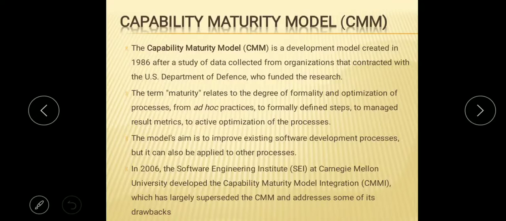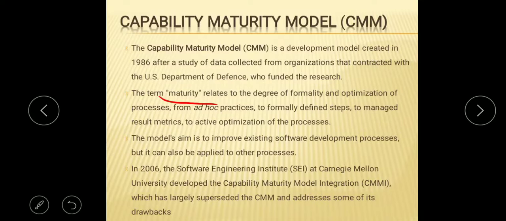The term maturity refers to the degree of formality and optimization of processes, from ad hoc practices, to formally defined steps, to managed result metrics, to active optimization of the processes. The model's aim is to improve existing software development processes, but it can also be applied to other processes.